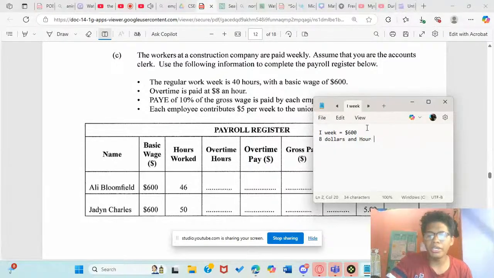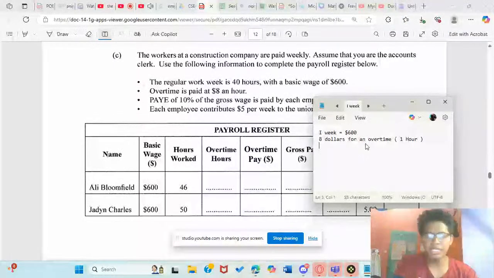So 1 week equals $600, and $8 for an overtime of 1 hour. When we're doing something like this, we need to calculate his basic wage for a day. We need to calculate his basic wage for a day.